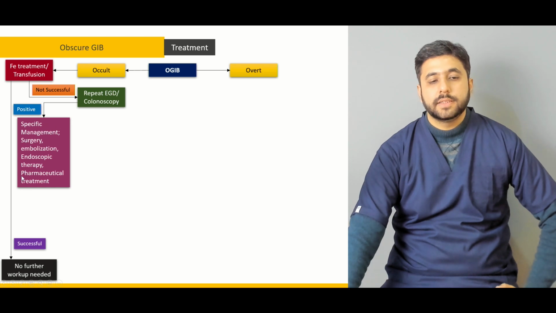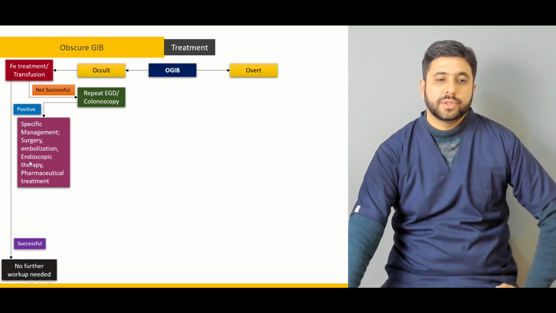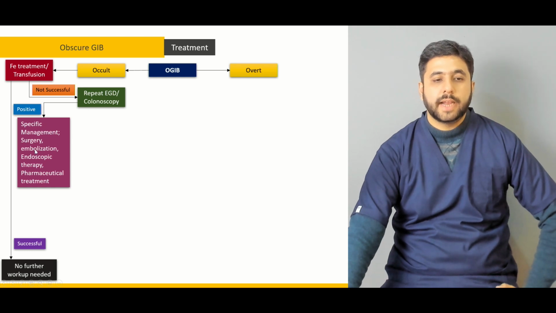So this is the area which we talked about in the upper and the lower GI bleed. This is where we have to take these patients of the obscure GI bleeding. We start with iron therapy. If iron therapy is successful, well and good. If it is not, we repeat the procedures and try to find a location point for the bleeding.